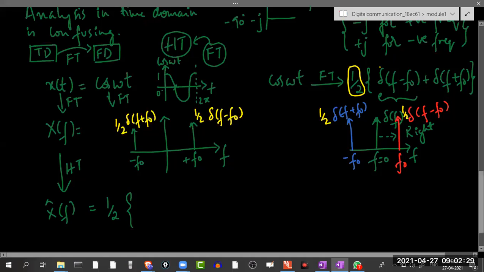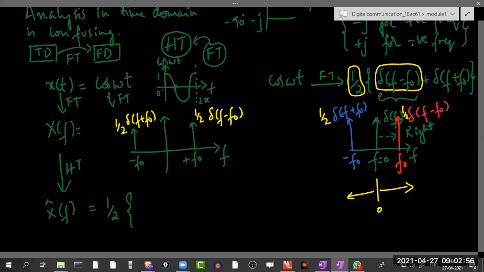Guys, I want some answers. Now tell me, this delta f minus f naught is associated with what frequency value? Positive or negative? All I'm asking is whether it belongs to the right hand side of this 0 or the left hand side of this 0.